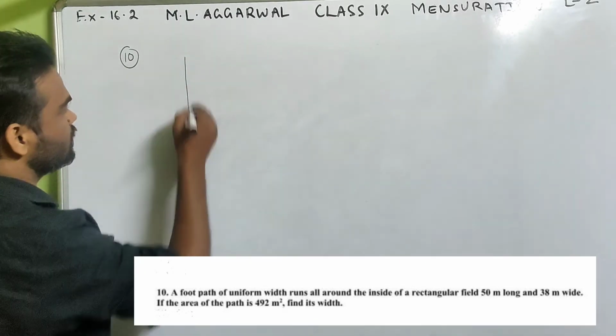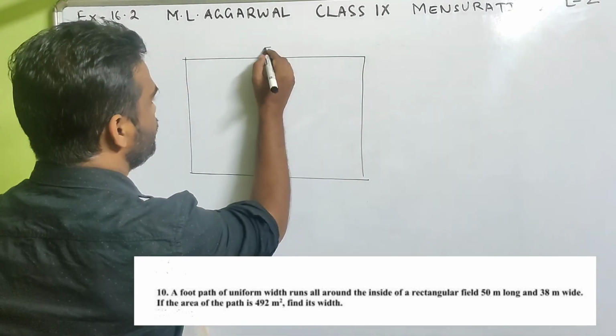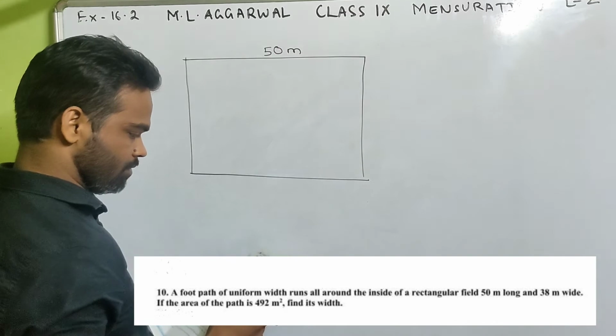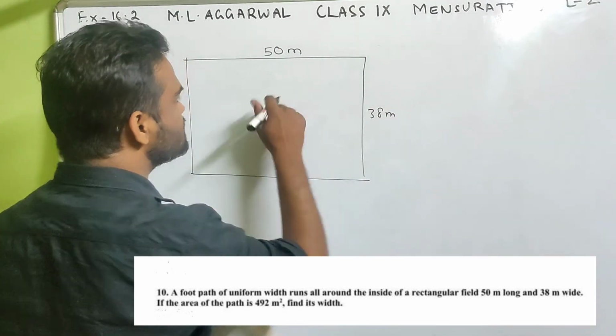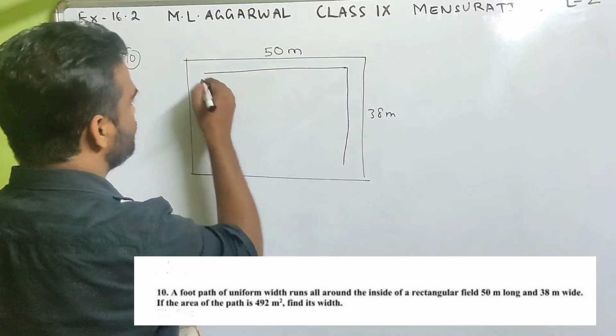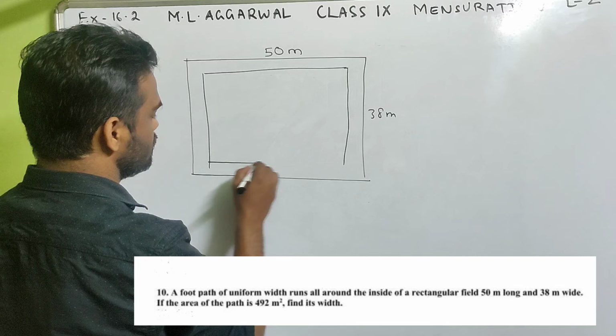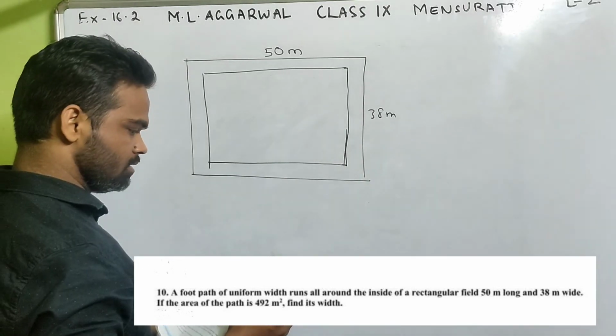So you have a rectangular field which is 50 meter long and 38 meter wide, and inside it you have a footpath of uniform width, which is how much?